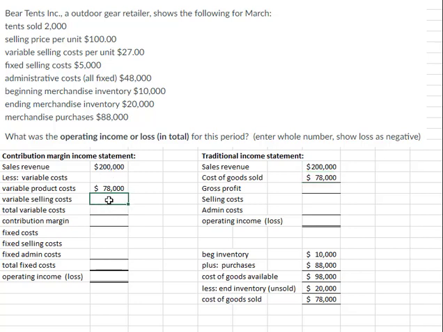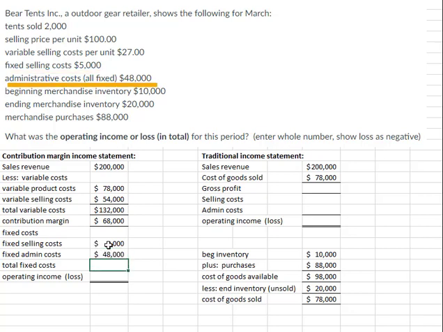All right, so they tell us that there's a variable selling cost of 27 per unit sold. So they sold 2,000. So we have 2 variable costs here. The subtotal is the contribution margin, and that's sales minus total variable costs. And then fixed cost, there was the fixed portion of selling. That's the 5,000. And then administrative cost, they say, is all fixed here.